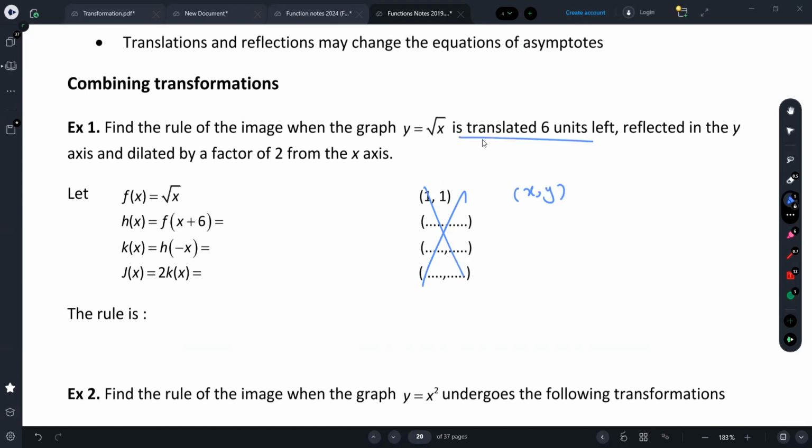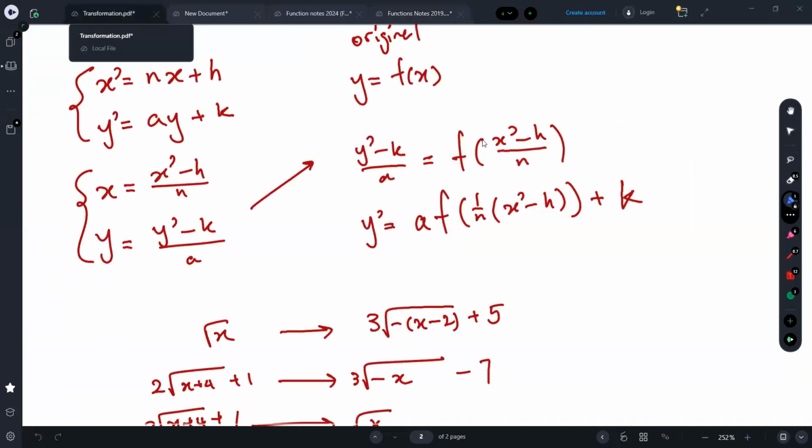So 6 units to the left would be what? x minus 6, y. And for an equation, it'll be x plus 6 because, as we've explained earlier, due to us having rearranged certain things, there would be a sign flip here.